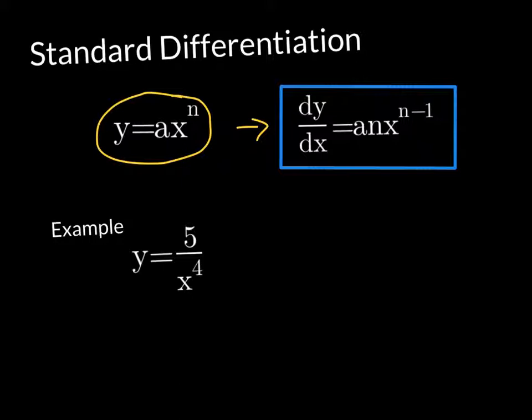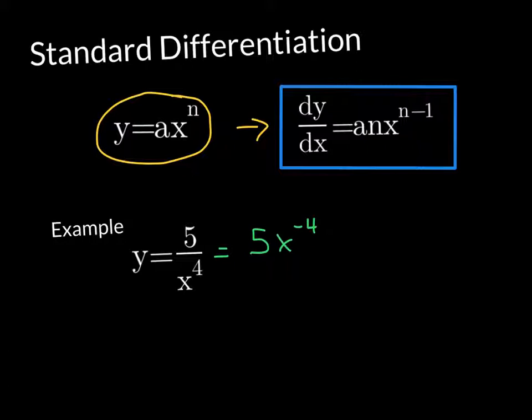So the first thing that we should do for this example here, where we have y is equal to 5 divided by x to the power of 4, is take the x to the power of 4 up to the top line, and we can do that by saying x to the power of minus 4. So we now have 5 multiplied by x to the power of minus 4. Hopefully you remember that from previous math study.